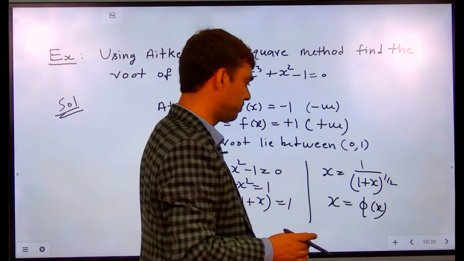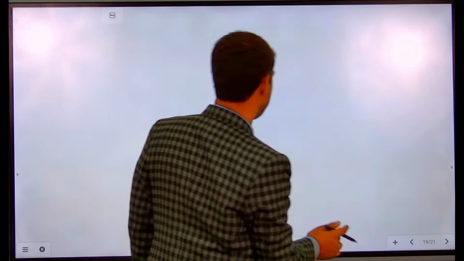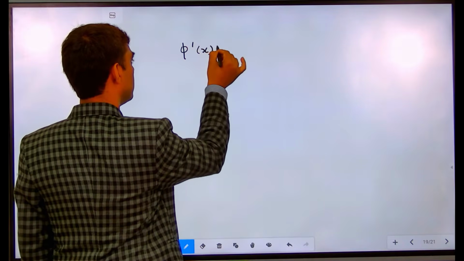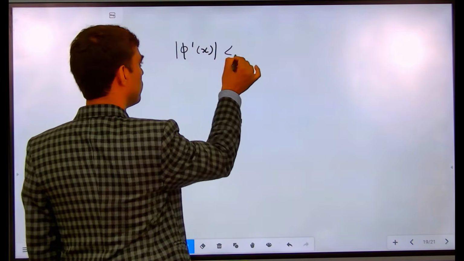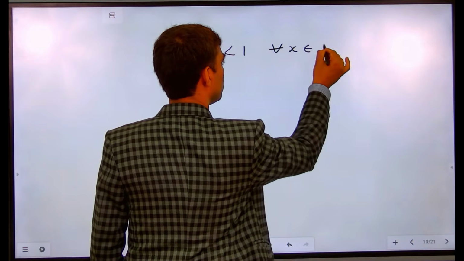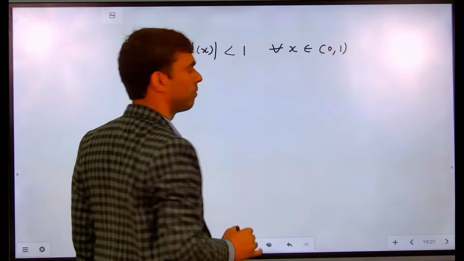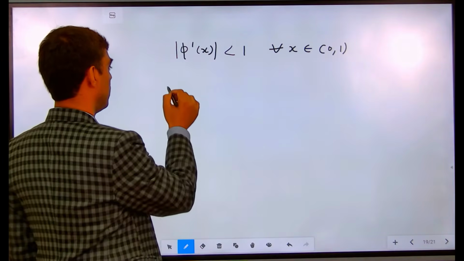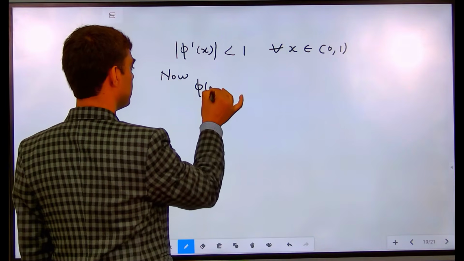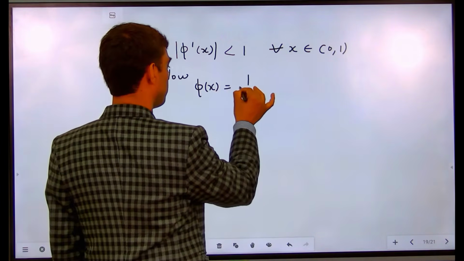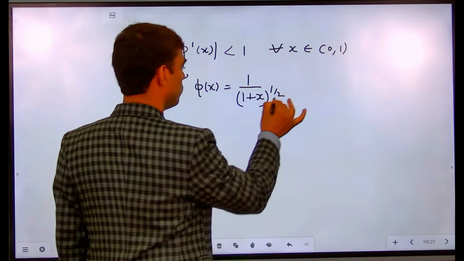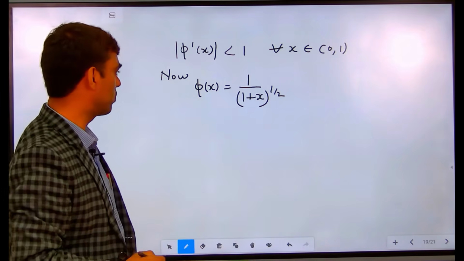For this we need to check that mod of phi dash x is less than 1 for all x belonging to [0, 1]. Now, phi x is 1 upon (1 plus x) to the power 1 by 2.